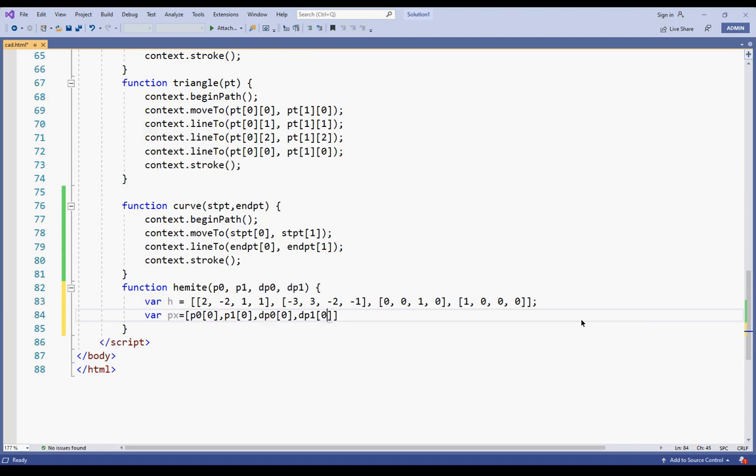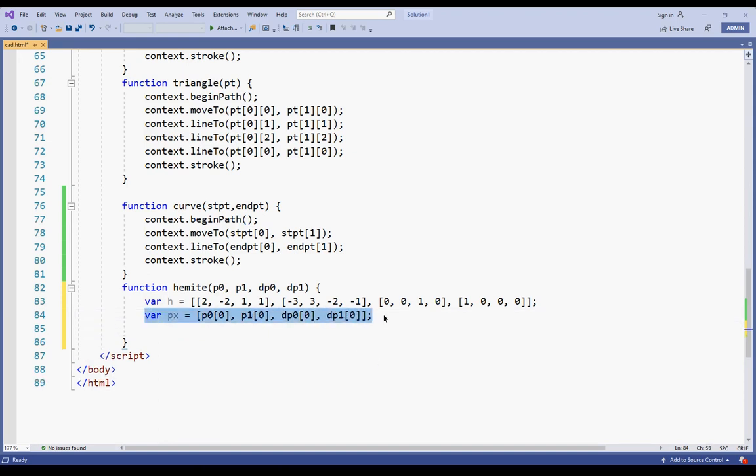This is my array. It represents the x coordinate of the first point, the x coordinate of the second point, the x coordinate of the first tangent vector, and the x coordinate of the second tangent vector. In this way I got the value of Px.